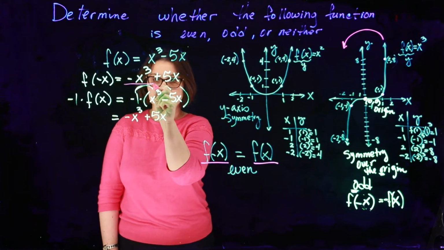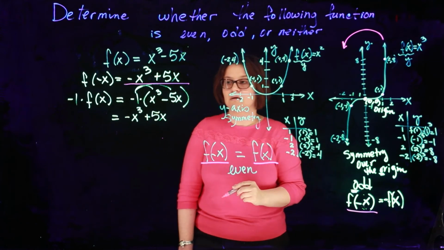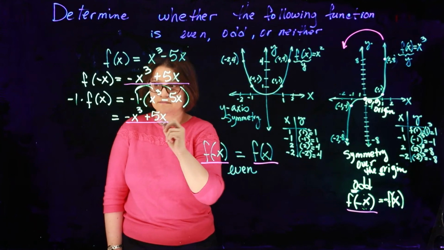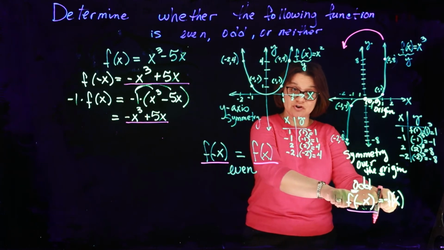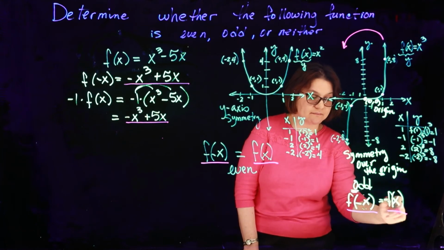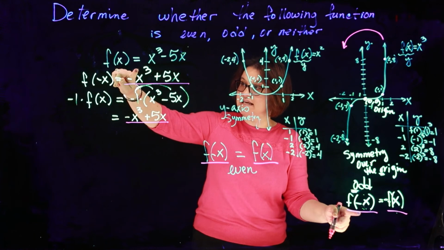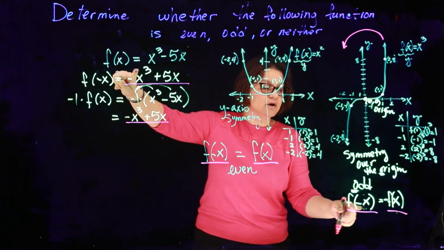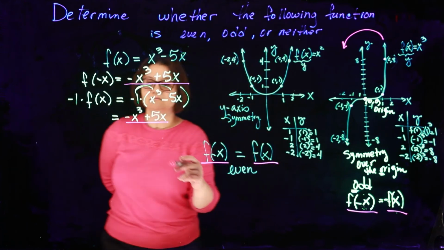This is my f of negative x. This is my negative f of x. This is where we substituted negative x. This is where we took the function and multiplied by negative 1. This output is right here. We want to know if these two outputs are the same. So let's compare them.